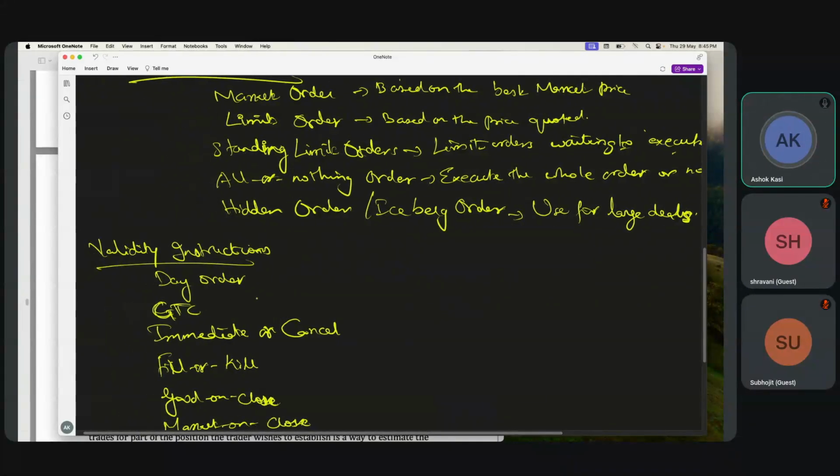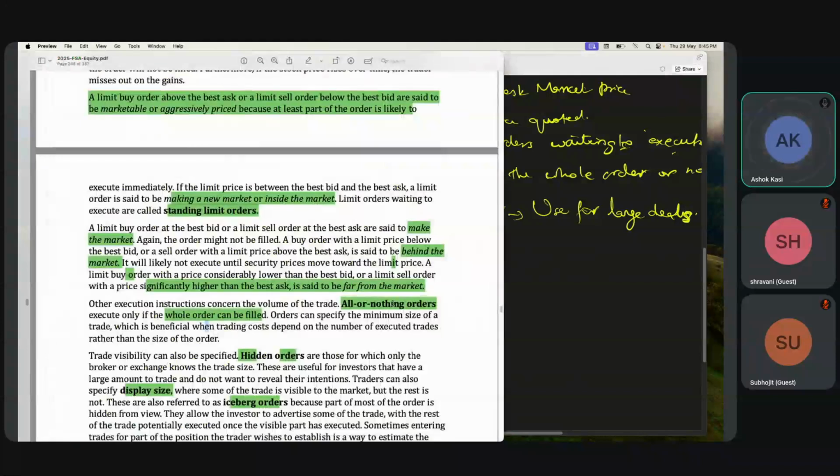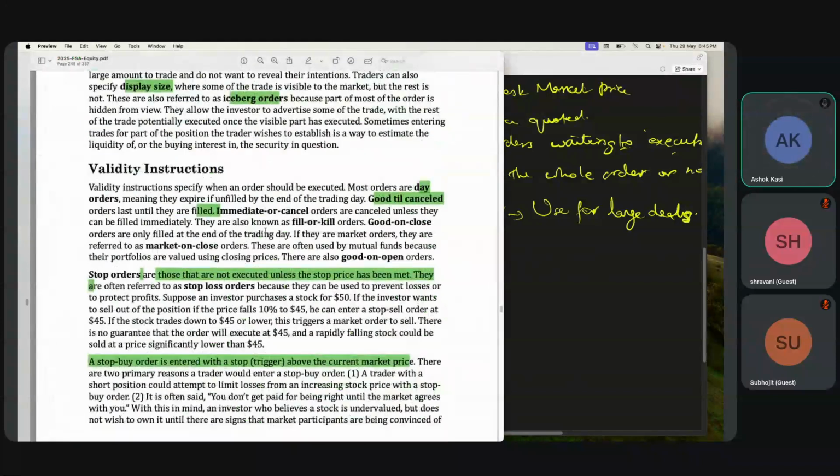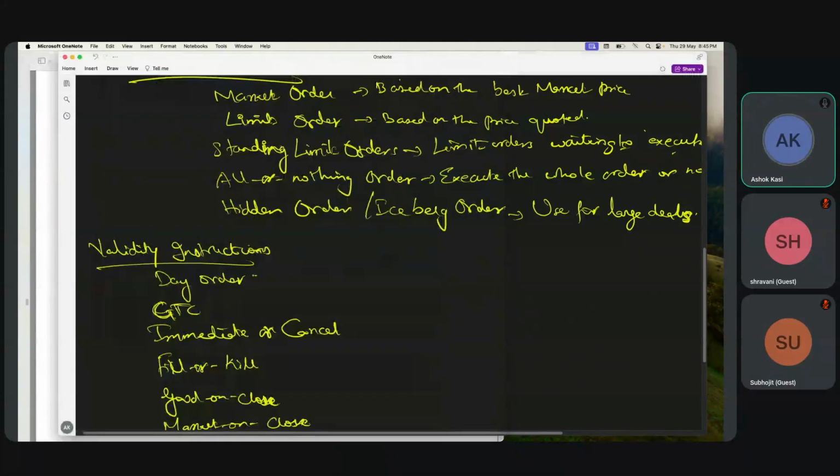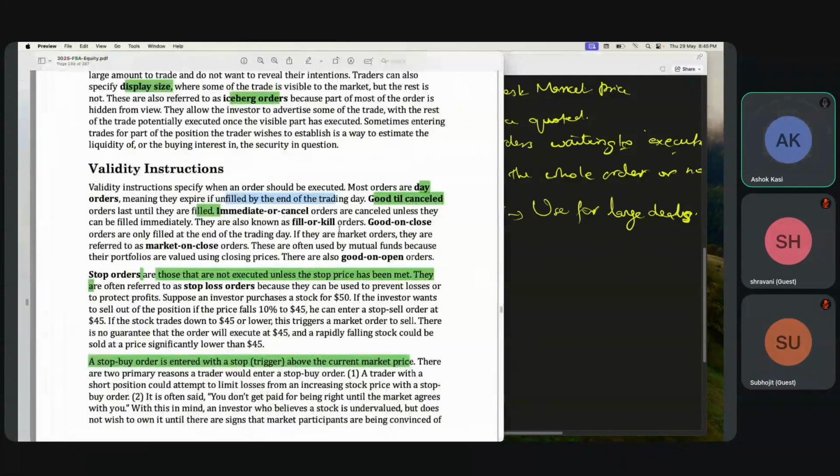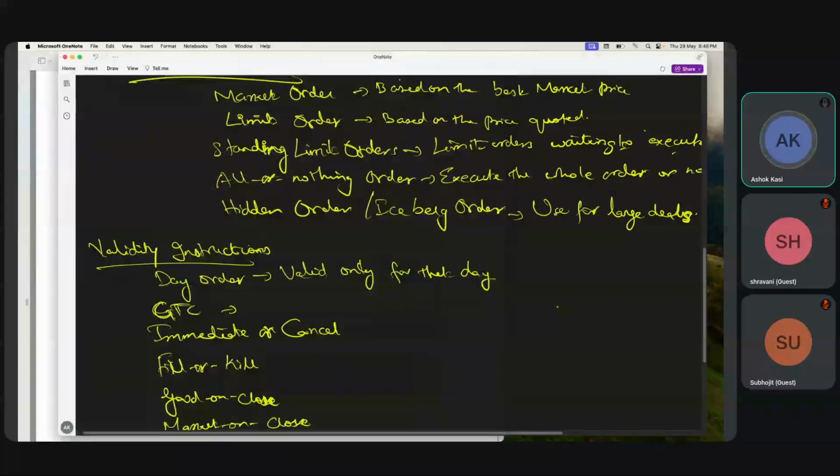Then day order. Day order is valid only for that day. Good till cancel means valid until the order is filled.